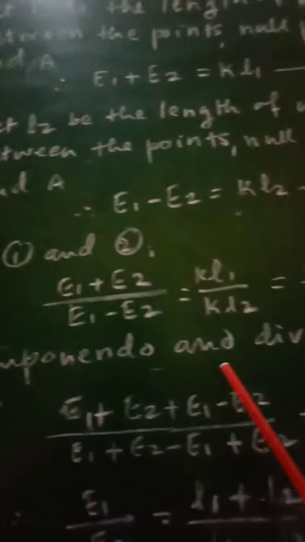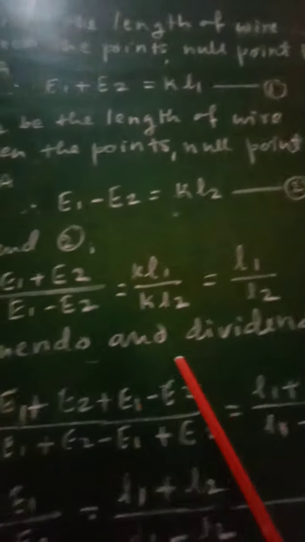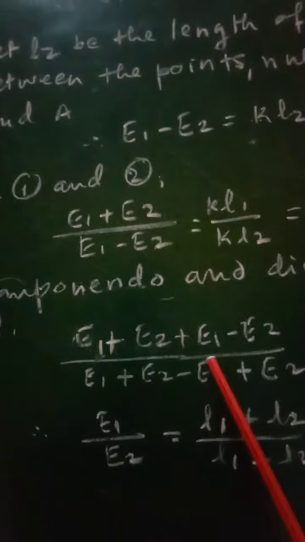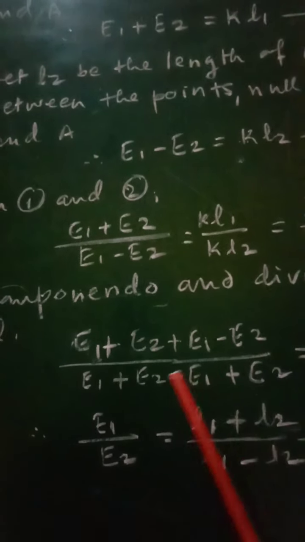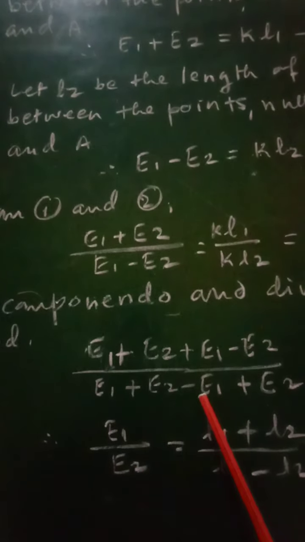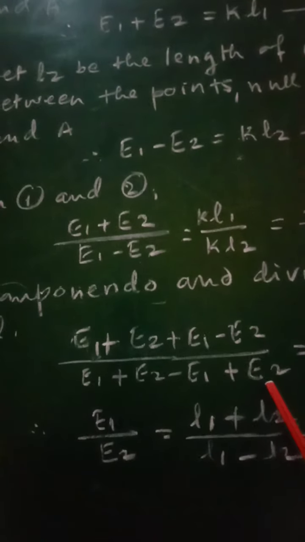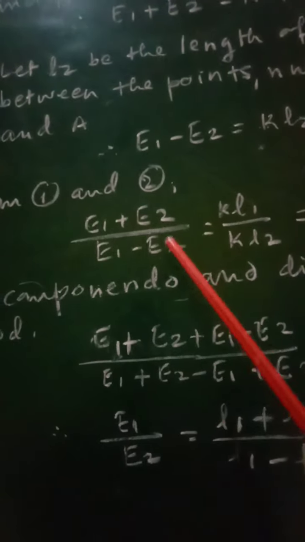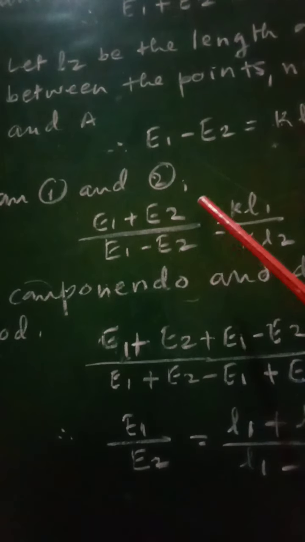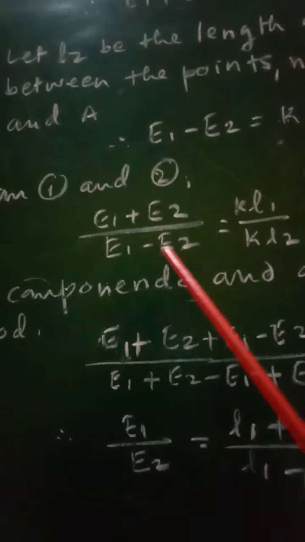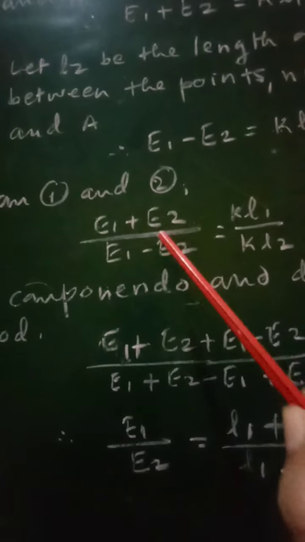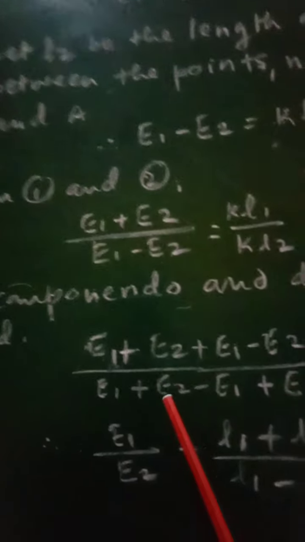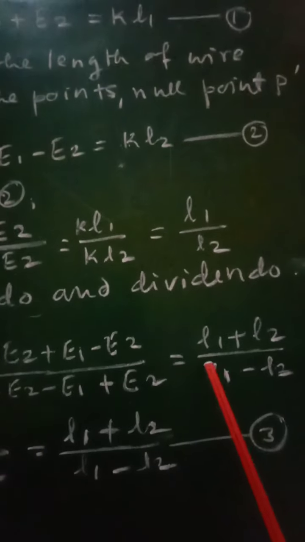By the componendo and dividendo method, we get E1 plus E2 plus E1 minus E2 upon E1 plus E2 minus E1 plus E2. Here, by the componendo and dividendo method, the denominator is added to the numerator and written as the numerator, while the denominator is subtracted from the numerator and written as the denominator, and therefore we will get L1 plus L2 upon L1 minus L2.